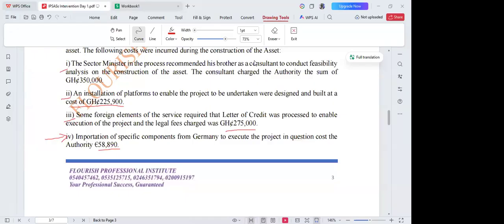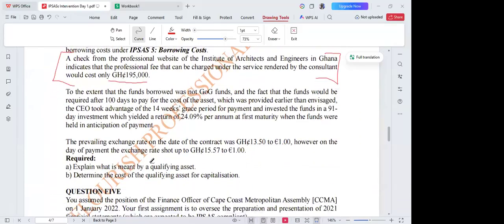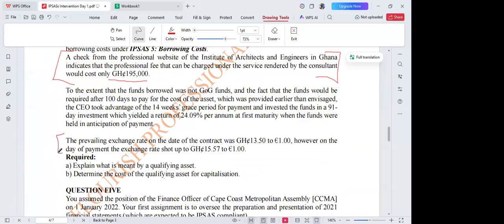We consider the purchase price of the component. So this one is in euros, so we need to convert to Ghana cedis. And here they gave us two rates to use. So my question will be, which one are we going to use? They say we should use 13.50 to €1, and there's another one which is 15.57 to €1. Which one are we using?